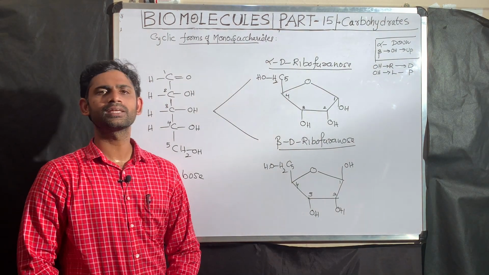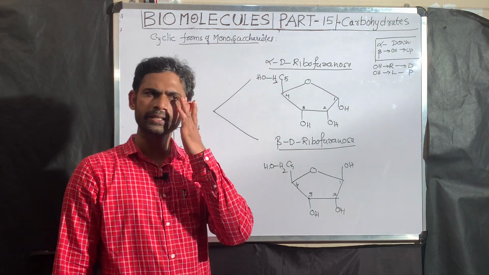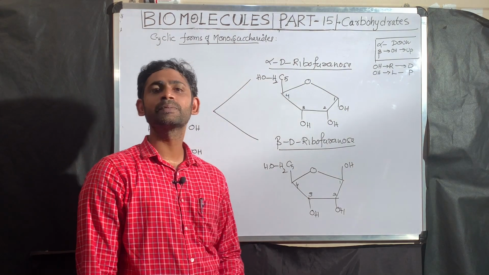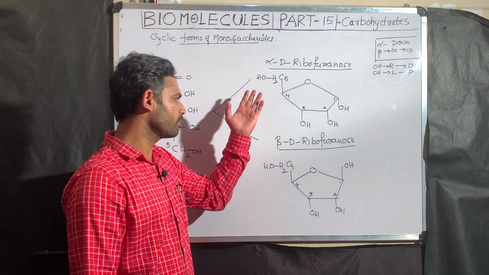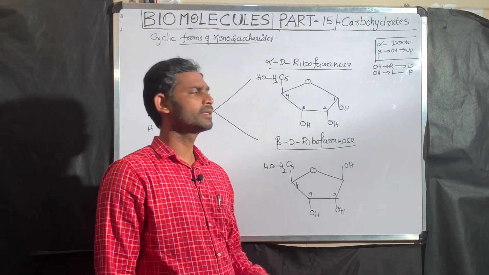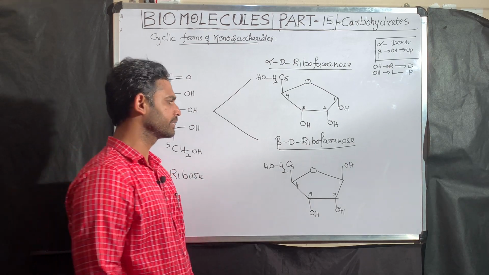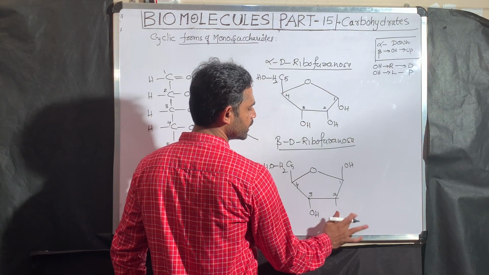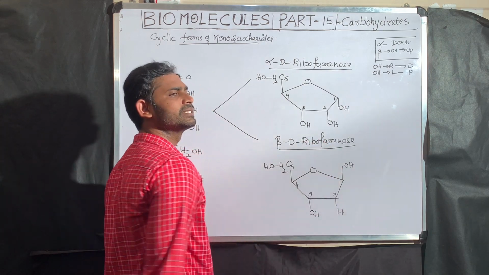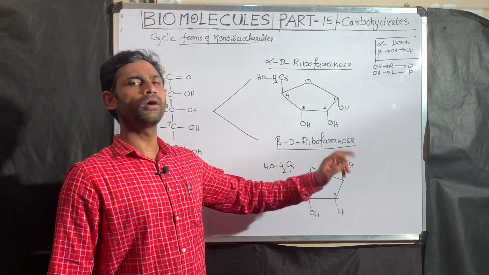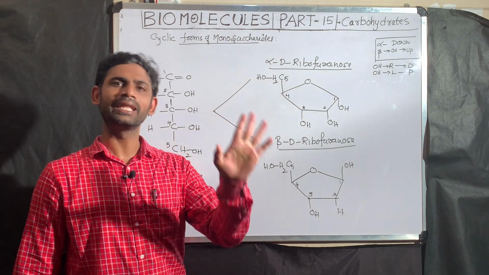Now I am asking you, ribose is a part of nucleic acid, especially RNA. Which form of ribose is a part of RNA? That is beta D ribofuranose. For example, very simple, if I remove this one, what is this structure? That is beta D 2' deoxyribofuranose. This is a part of DNA.